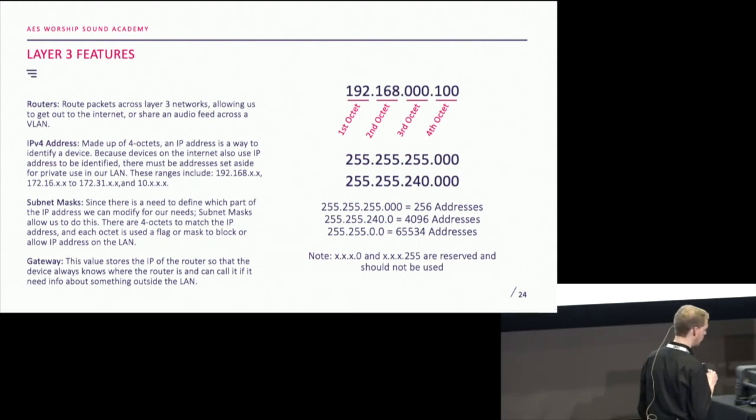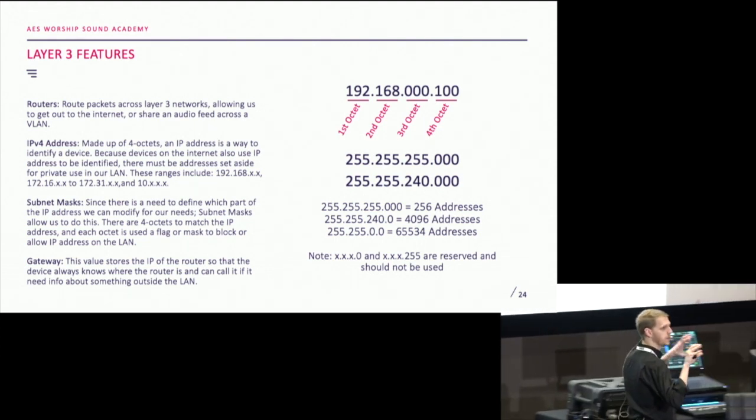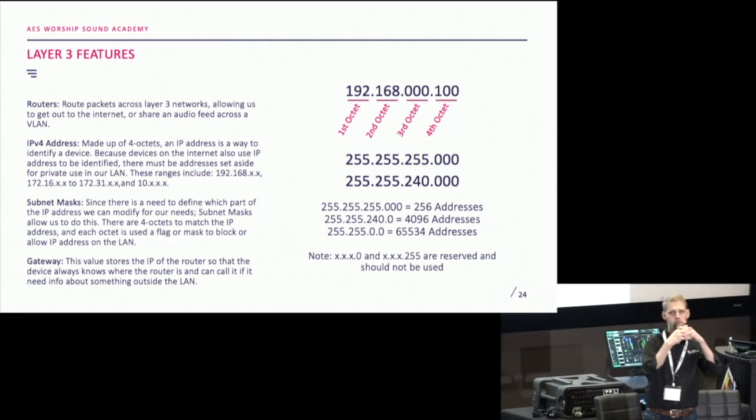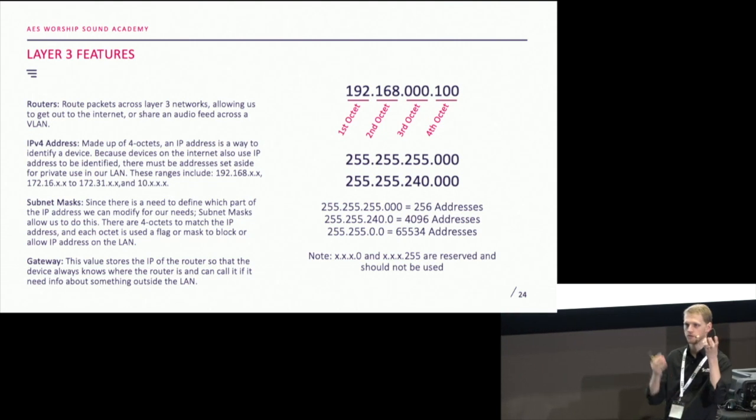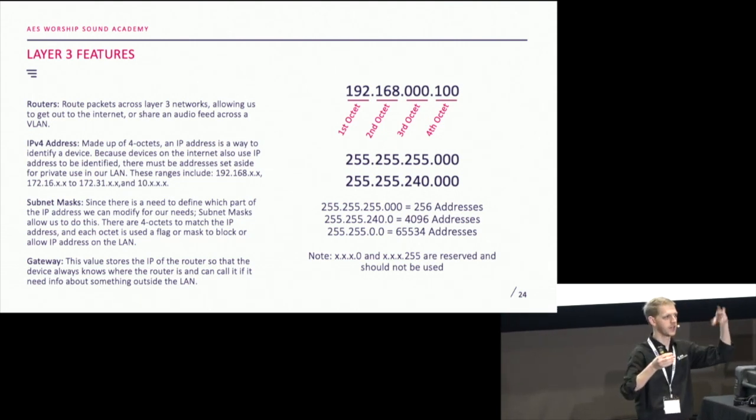Really cool devices. They allow us to take multiple segmented networks and allow them to talk with each other. All right. We talked about our VLAN example from earlier. We had this LAN, we had this LAN. They couldn't talk. We said we could do that physically or with a VLAN. But then we decided, hey man, I really want to take these two background music channels from over here and send them over here.